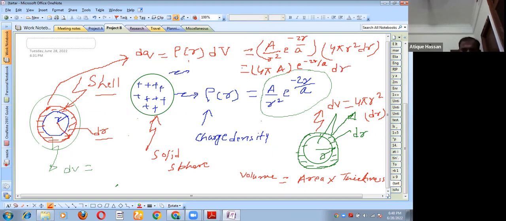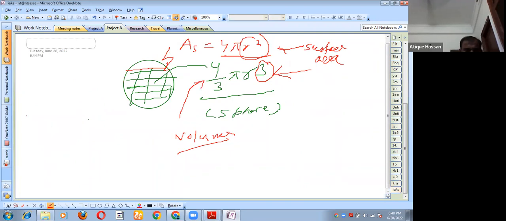Now to calculate the total charge, we will integrate it. So total charge q will be equal to the integration of dq.